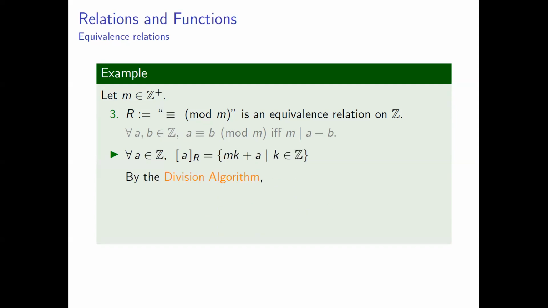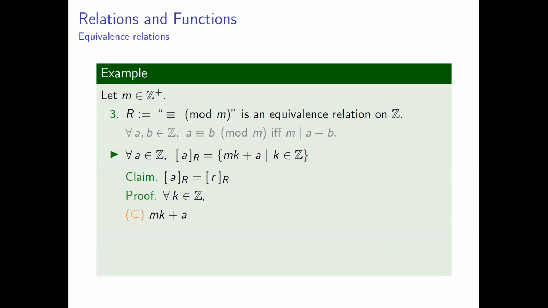By the division algorithm, there exist unique integers q and r such that a is equal to mq plus r and r is greater than or equal to 0 and less than or equal to m minus 1. We will show that the equivalence class of a is equal to the equivalence class of the remainder r.